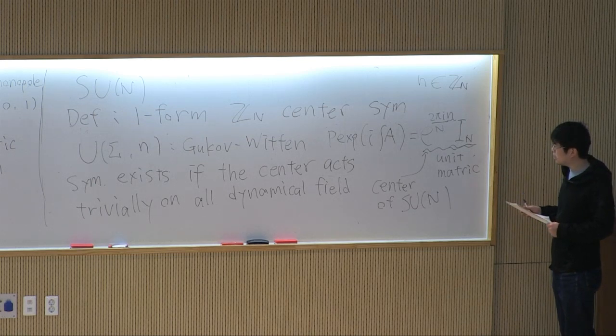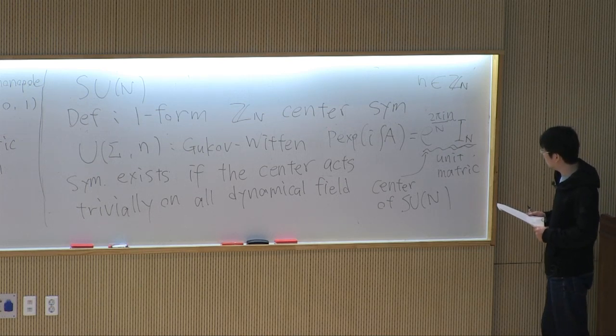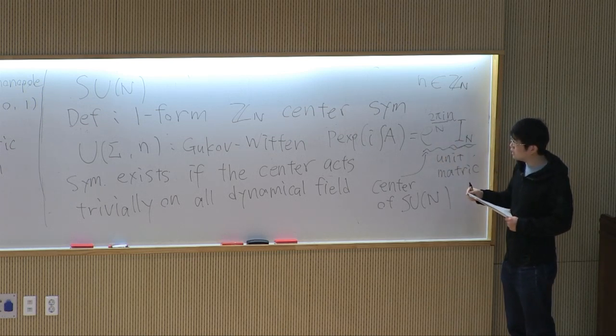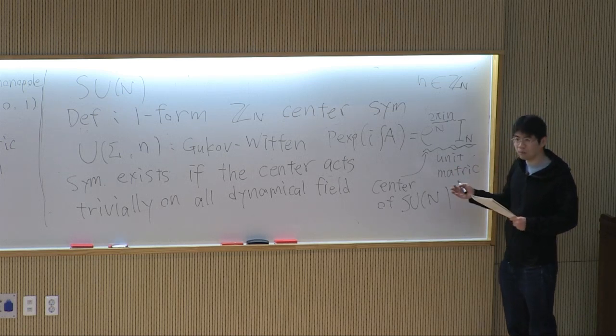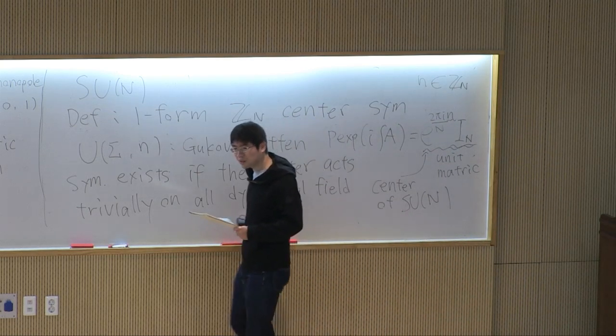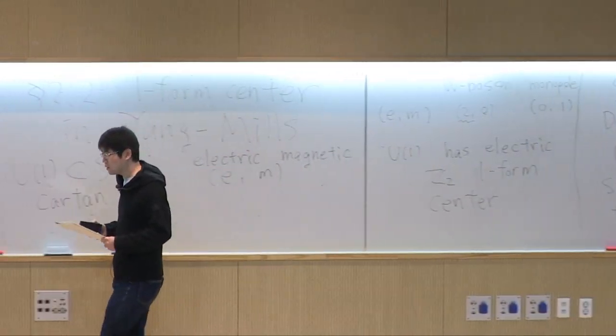But on the other hand, if there are some fundamental quarks, then this center acts non-trivially on the fundamental quarks. And in that case, there is no center symmetry. So this center symmetry is completely broken if there are fundamental quarks. But even if there are fundamental quarks, there still exist some variants of center symmetry.